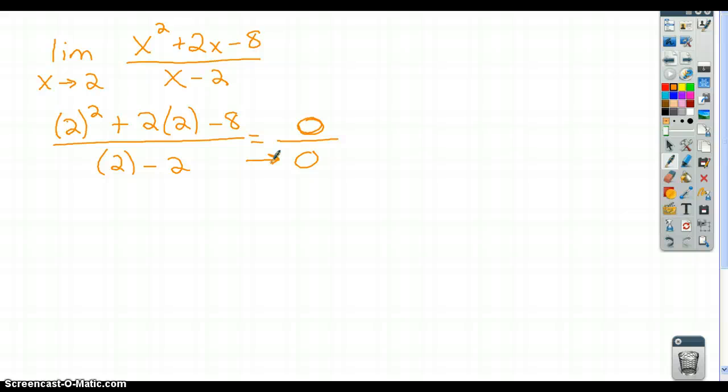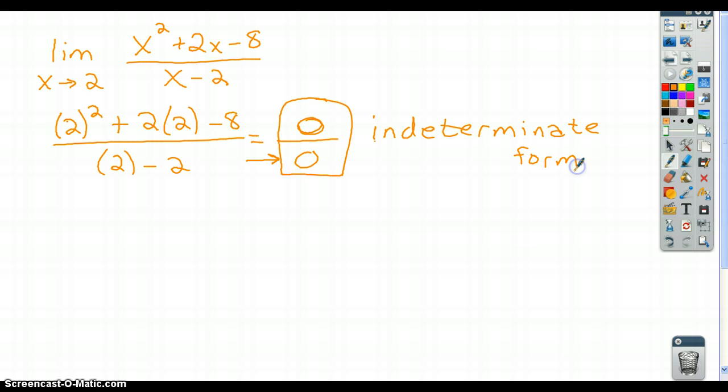And we know that it can still have a limit if we get this form, which is called the indeterminate form. Whenever you obtain 0 divided by 0 from a substitution in a limit, the limit can still exist, because that's an indeterminate form.